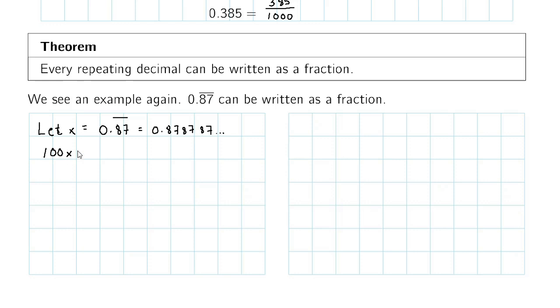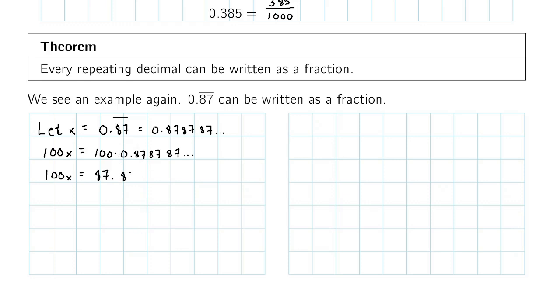So then 100x is 100 times 0.87, 87, 87, etc. When we multiply by 100, we move the decimal point 2 places to the right. So I have 100x equals 87 point, and then the pattern 87 repeats forever.